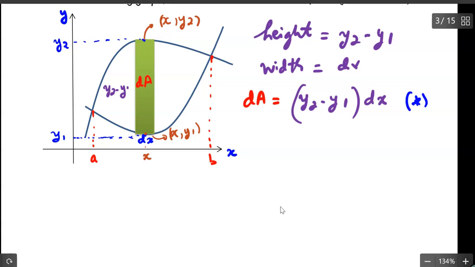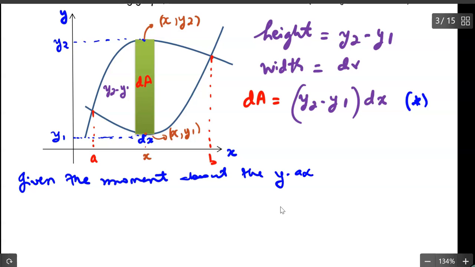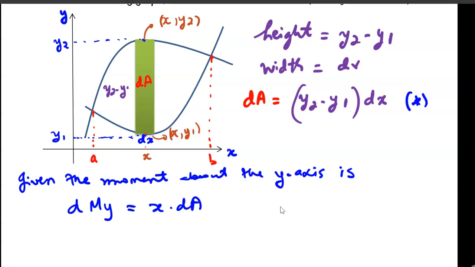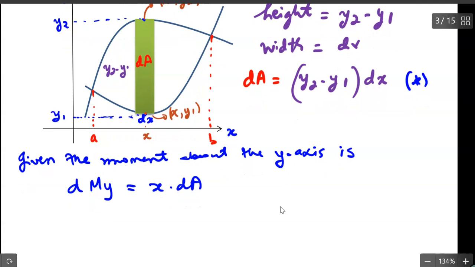The next step is: given the moment about the y-axis, dMy will be equal to x times dA.